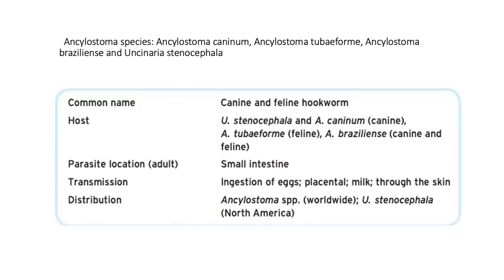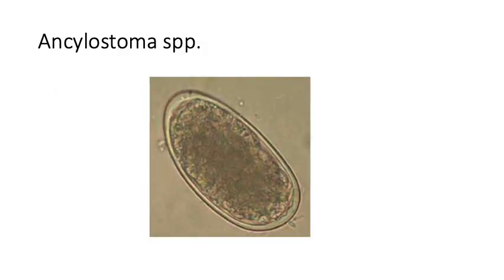Another group of nematodes are the Ancylostoma species, which are also referred to as the hookworms. Take note that the eggs of Ancylostoma species are ovoidal in shape and are surrounded by thin, colorless shell.